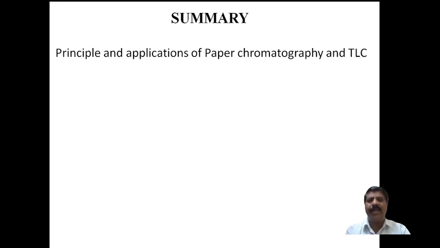I have explained the principle and how development takes place. Lastly, I explained the applications of the TLC technique in detail.